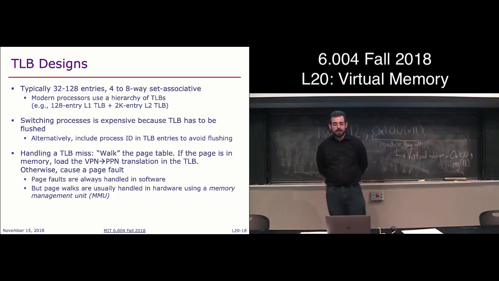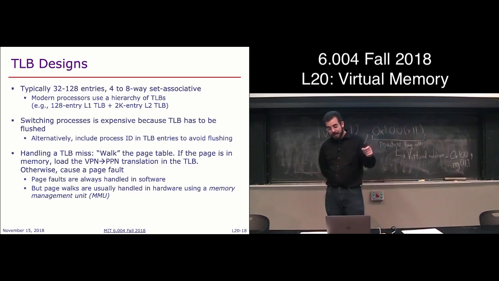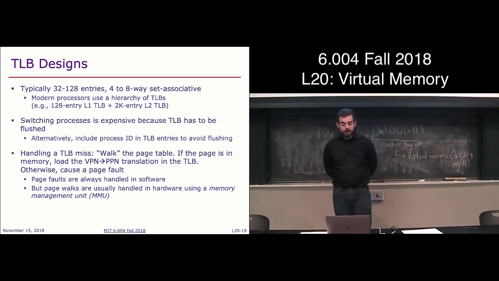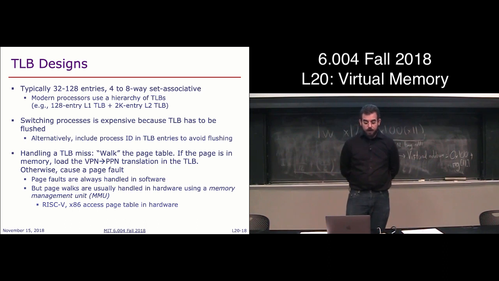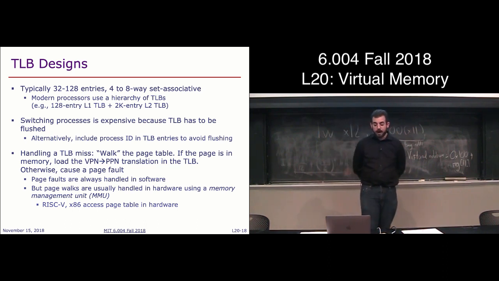But in fact, most modern systems do it in hardware. So they have what we call a memory management unit that issues the access to the page table in hardware and avoids taking an exception. But you could take an exception, and there are other architectures like MIPS that do this in software. But in particular, RISC-V and x86 do these page table accesses in hardware.